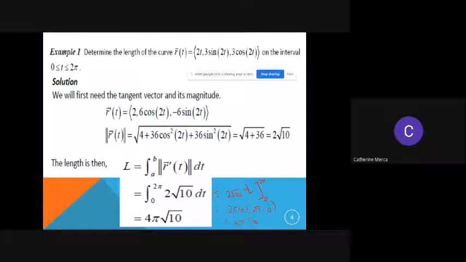So 2 square root of 10 minus 0. So the result is this one: 4 pi square root of 10, because minus 0. When you multiply 2 square root of 10 with 0, it's a matter of course. So those are what we need there.